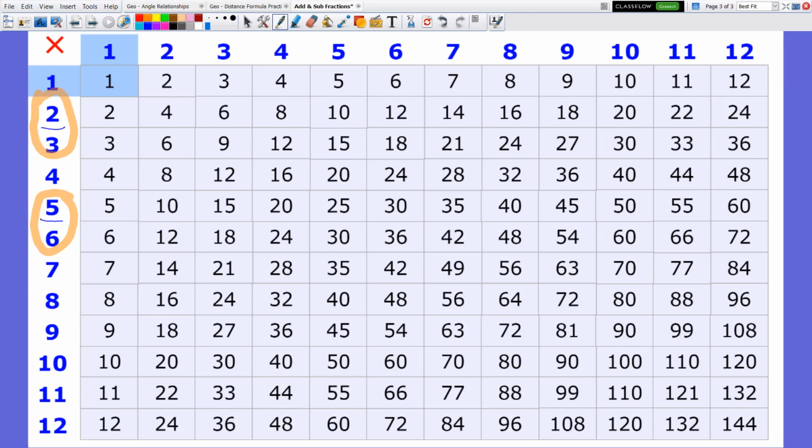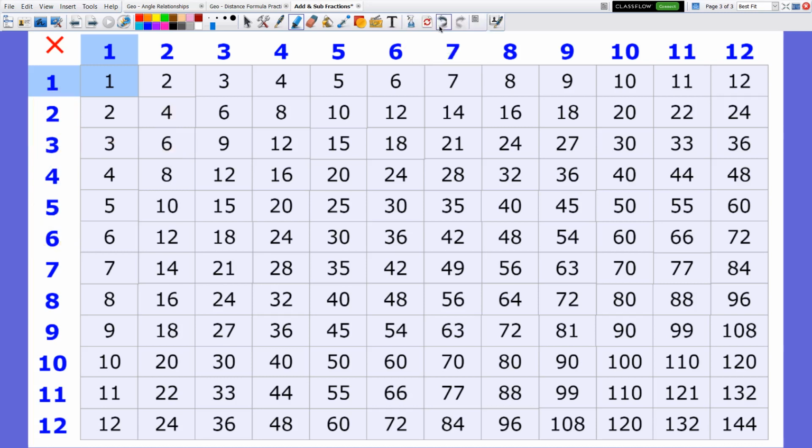So I can't add or subtract them. What I can do is follow 2/3 until my denominator is 6. Oh, hey-oh, there we go. Okay, so my equivalent fraction would be 4/6. This would make a new problem for me. If I were adding 2/3 and 5/6, I could say 4/6 plus 5/6. Add the numerators, done and done.